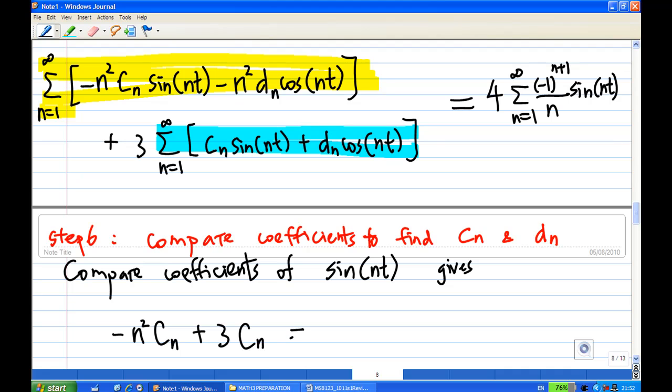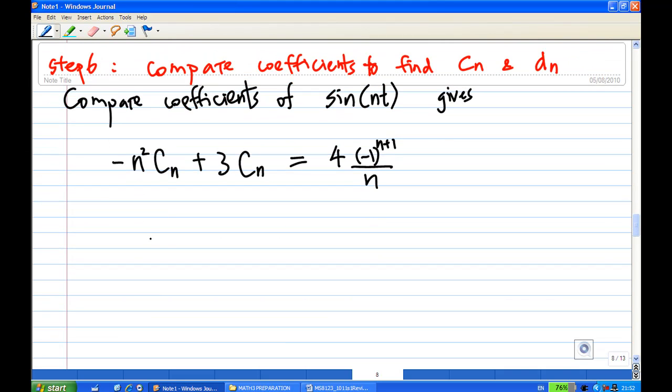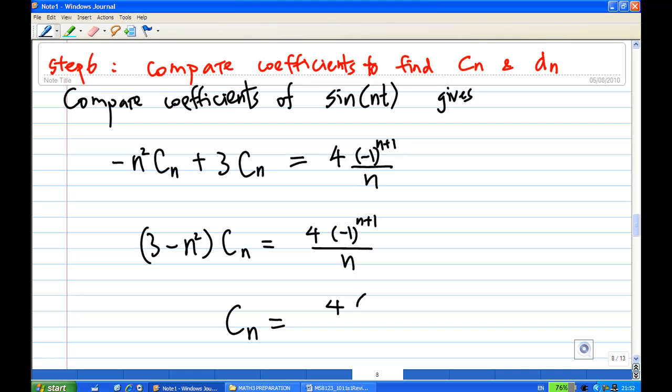On the right hand side, the coefficient of sin(nt) is 4 times (-1)^(n+1)/n. Therefore, (3 - n²)c_n = 4(-1)^(n+1)/n, or c_n = 4(-1)^(n+1)/(n(3 - n²)). So we obtain c_n.